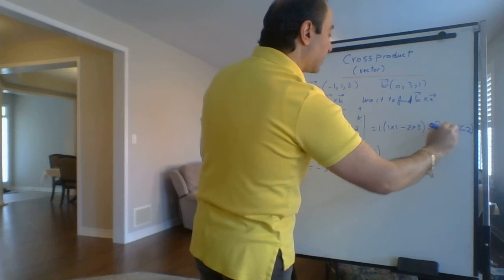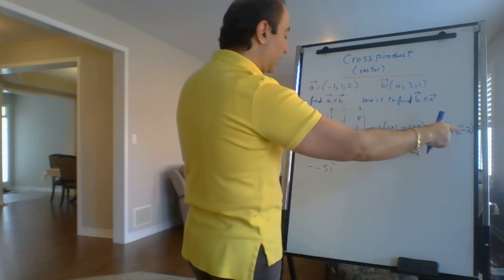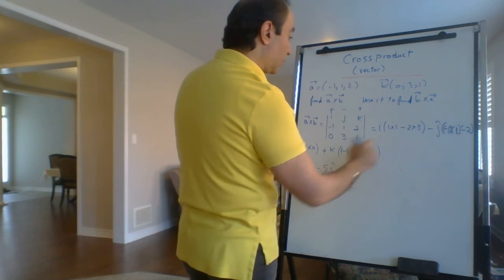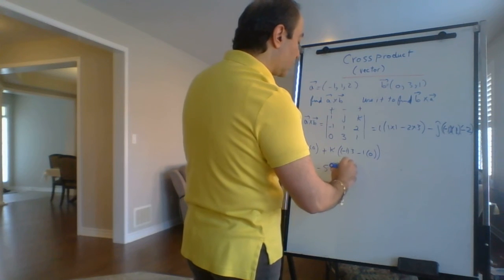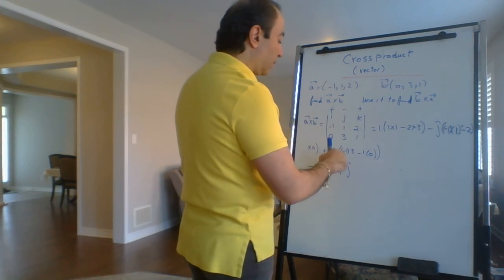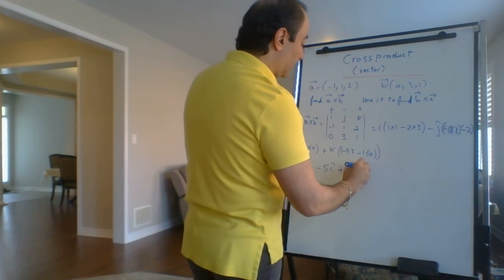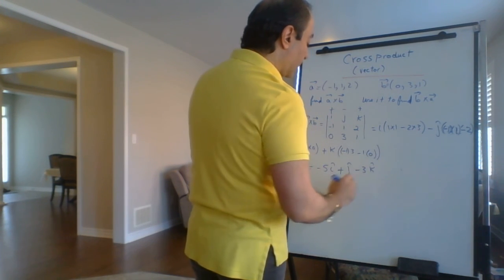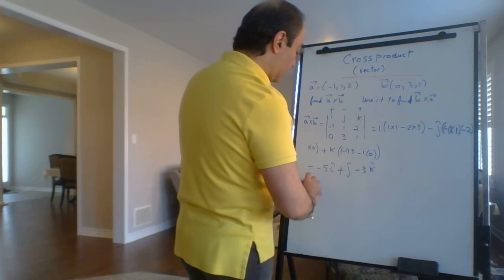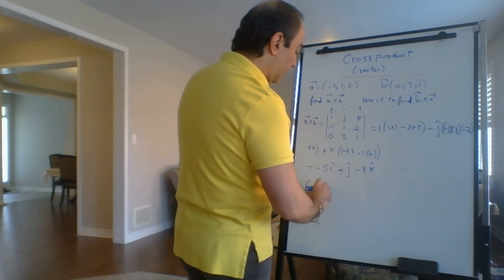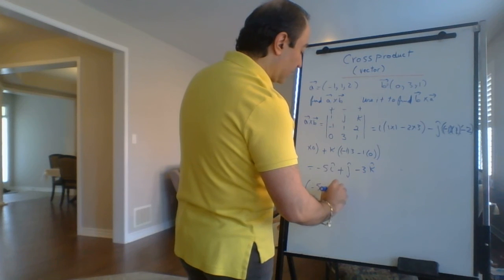Negative 1 times 1 is negative 1, minus 0 is negative 1, so negative will be positive j. Then 3, minus 0 is nothing, so minus 3k. Now I can write this as negative 5, comma 1, negative 3.